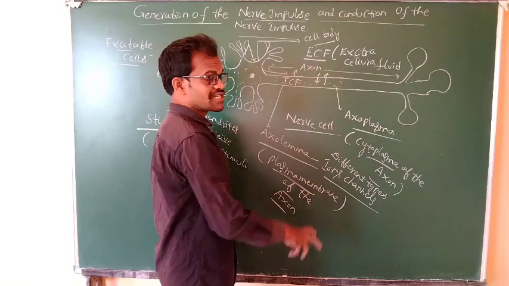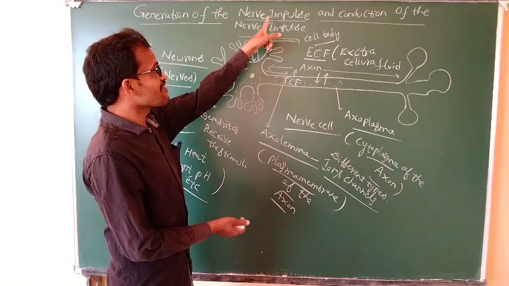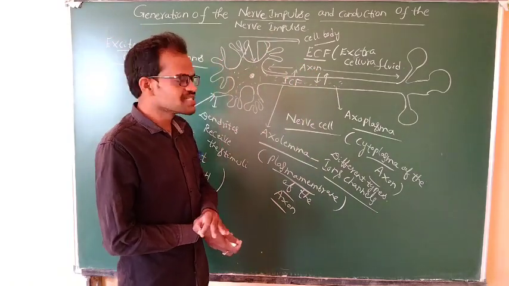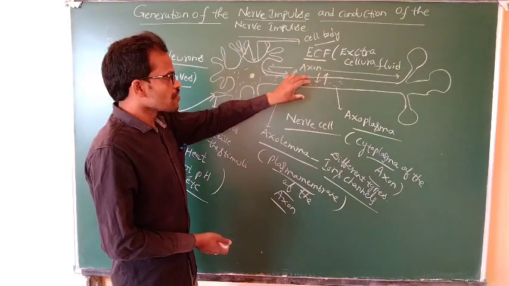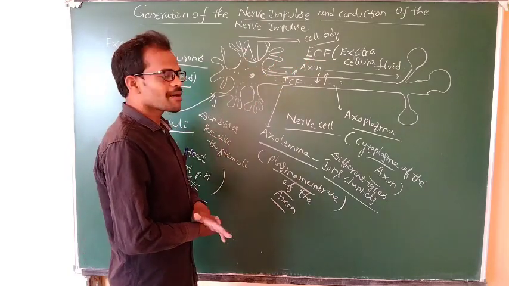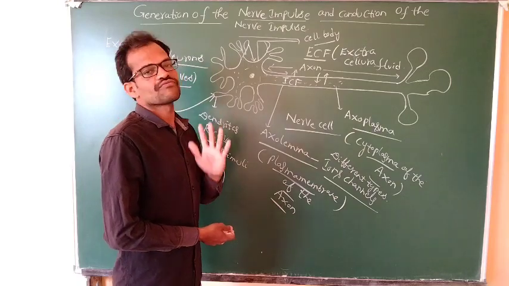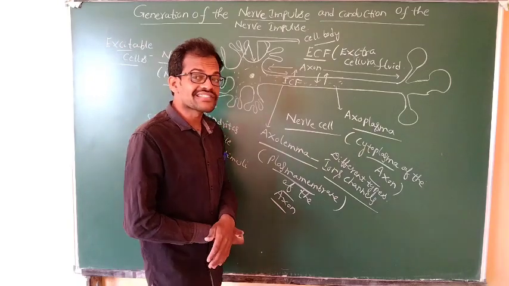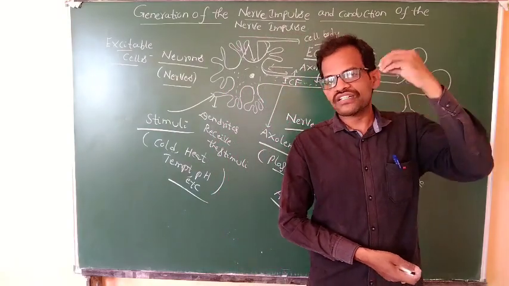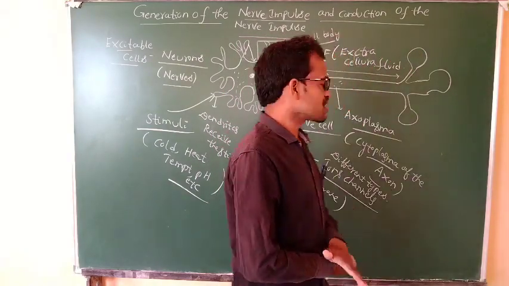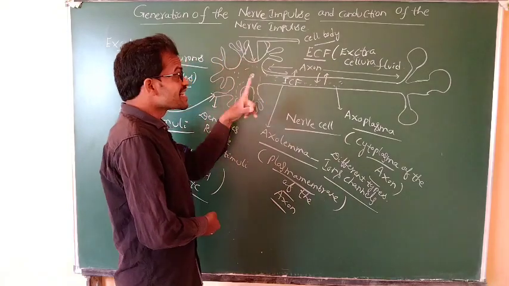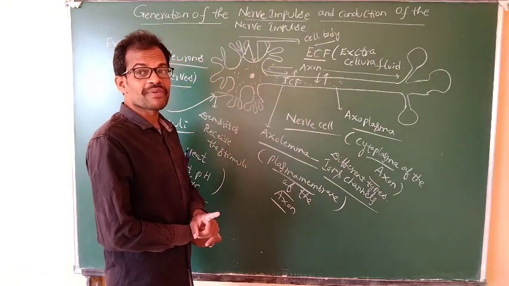How is the generation of an impulse possible? Because nerve impulse means ion movement. The axolemma is the plasma membrane of the axon, which consists of many different types of ion channels. These ion channels receive information.